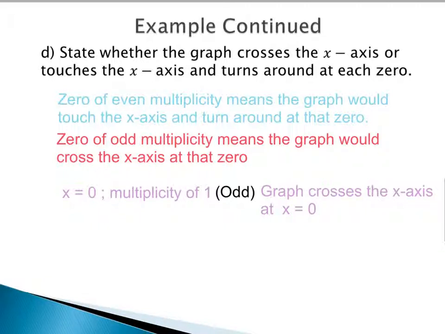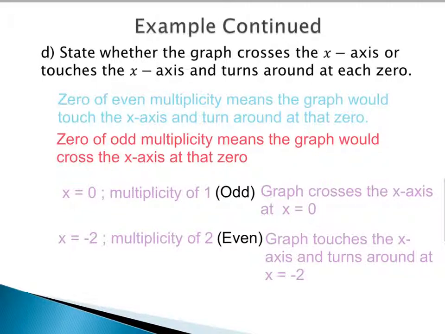At x equals -2, we had a multiplicity of 2. That multiplicity is even, which means that the graph touches the x-axis and turns around at x equals -2. Looking back at what we did with the intermediate value theorem, hopefully this makes a little bit of sense, because we said that there should be at least one real zero.